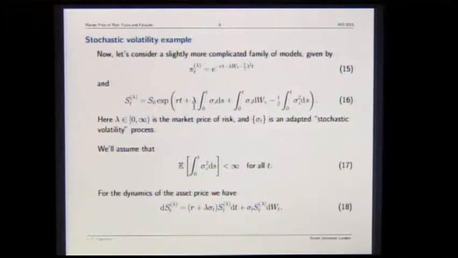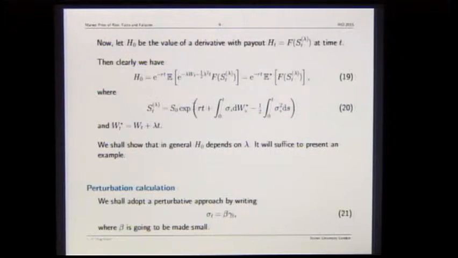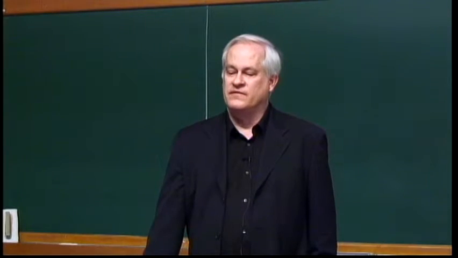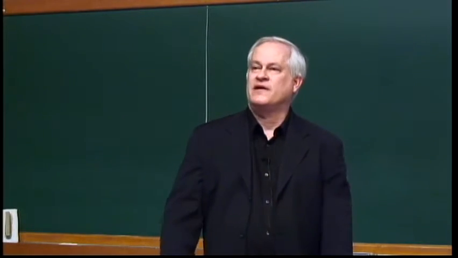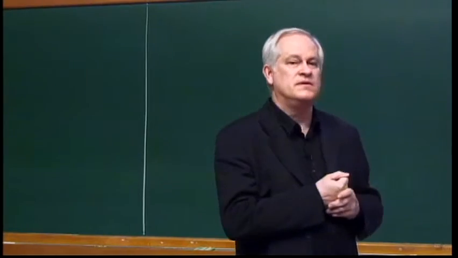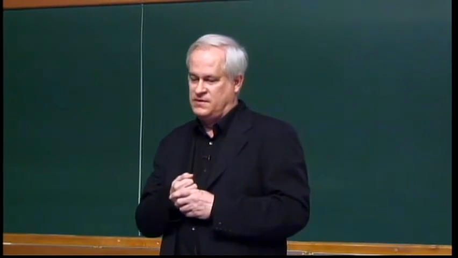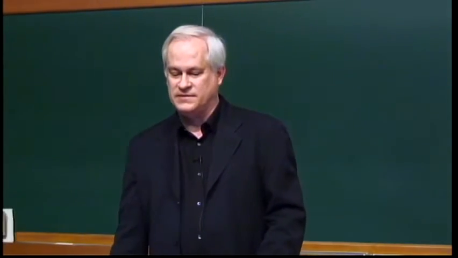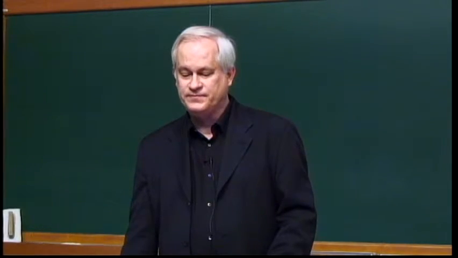So we've got lambda appearing explicitly in the rate of return on the share. So now let H be the price of a derivative, where again we have a payout given by F of the terminal value of the asset. To simplify matters further, we'll assume that F is smooth. So we'll eliminate the kind of corner that one has for a call option.